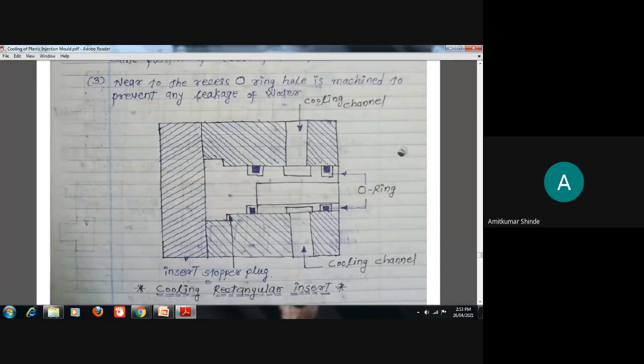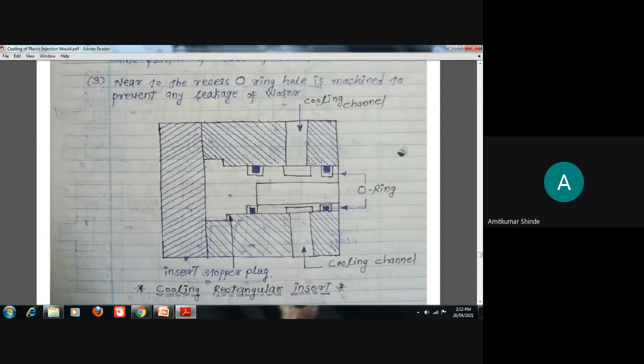And then this rectangular portion is again machined. In this way, the rectangular cooling channels are machined here and here, and some O-rings are provided at this corner. They prevent the leakage of the water.